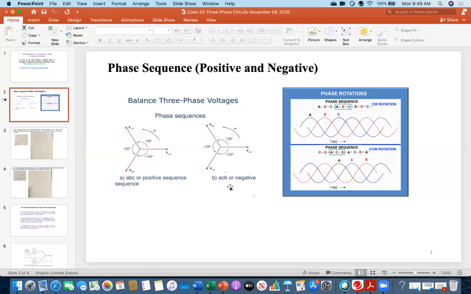But the problem is, for example, there is significance or importance to these two. Say you purchase a device from a company of some other country that has ACB phase sequence, a three-phase device, and then this is your system. You are trying to connect it to your system, but your system has the ABC sequence.